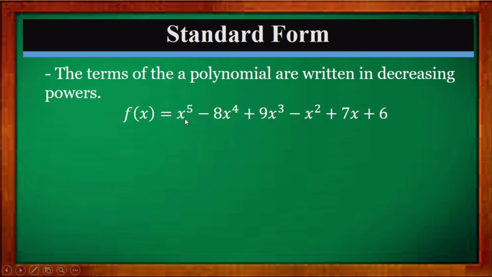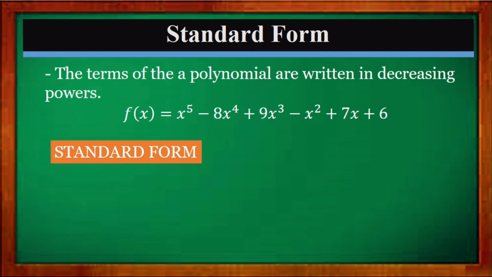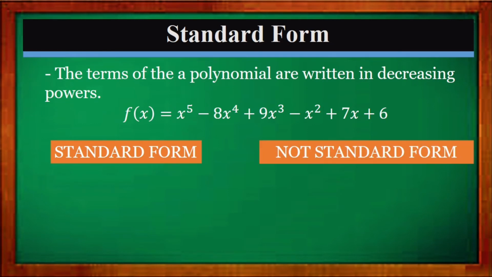So we have our quintic term, our quartic term, cubic term, quadratic term, linear term, and constant term. So I have here some examples of polynomials which are written in standard form, and on the other side, polynomials which are not written in standard form.